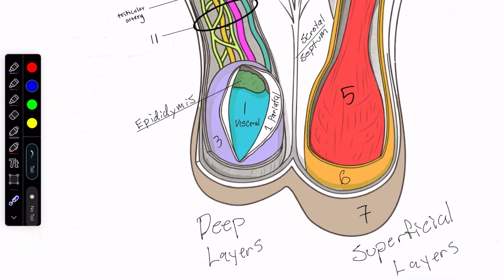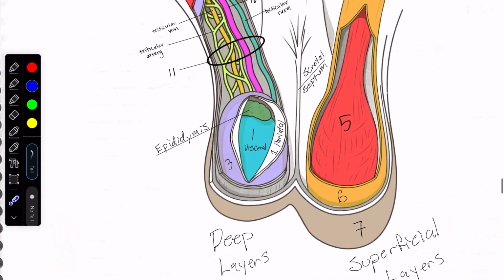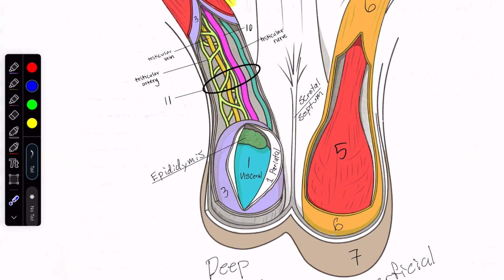Number 2, it doesn't change as it comes down in the scrotum, but that's just your subserous fat. Number 3 is going to be this transversalis fascia in the abdomen, but turns into the internal spermatic fascia.